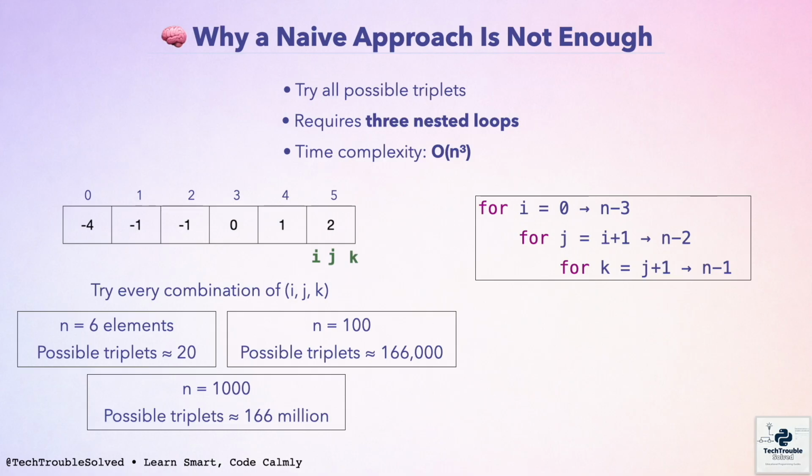At that scale, the brute force approach becomes too slow for practical use. So instead of checking every possible triplet, we need a more efficient strategy. And the key idea is to reduce the 3Sum problem into a 2Sum problem, which will allow us to use the two-pointer technique to significantly reduce the time complexity. Let's see how that works.